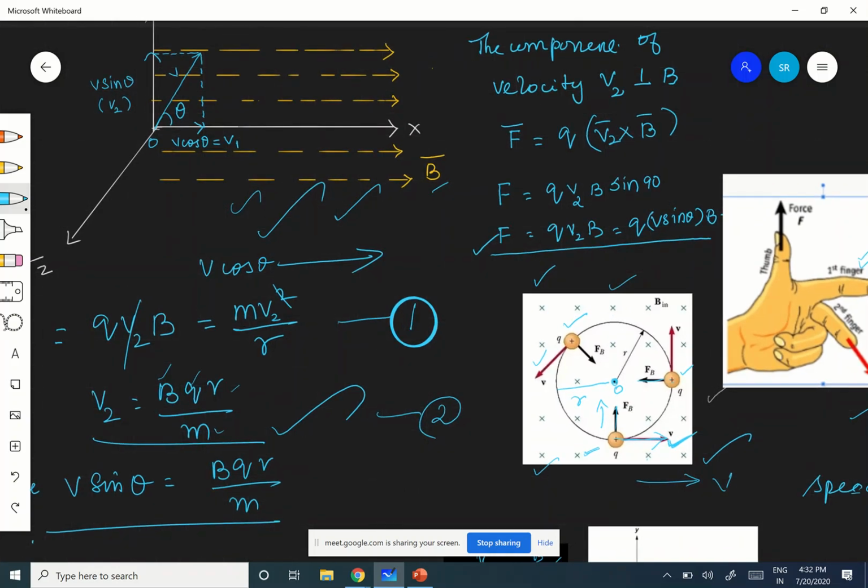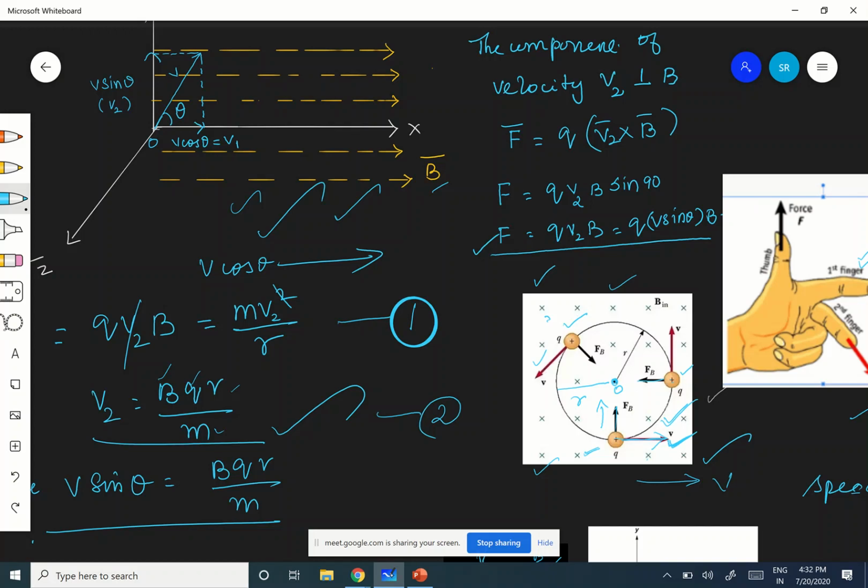That is why, to make you understand, I have taken one more diagram where B is perpendicular to the board, that is inward. Then your circle will be in the xy plane, and this circular path will be in the plane of the board. I have taken the field perpendicular just to make you understand the path traced by the charged particle.